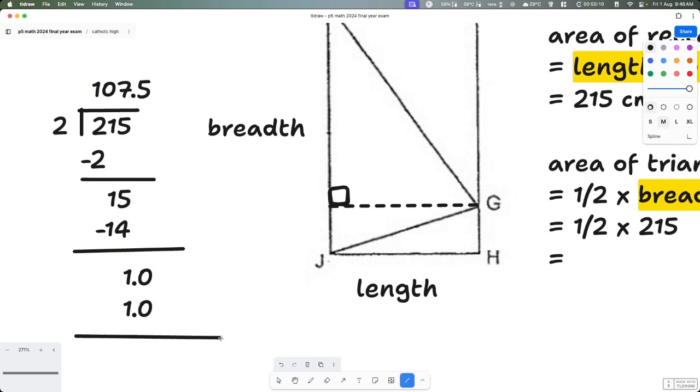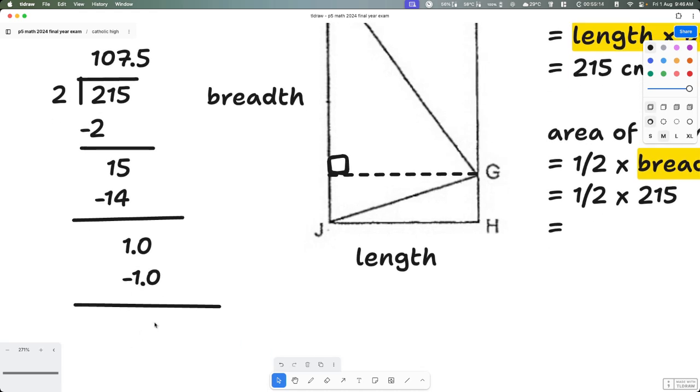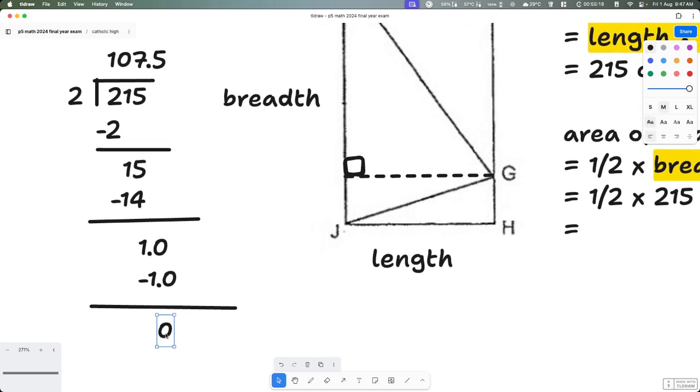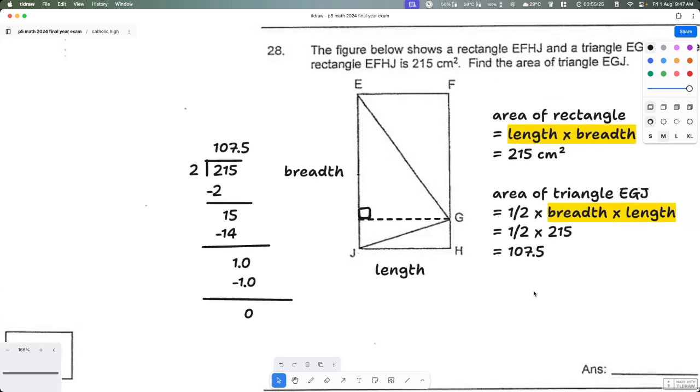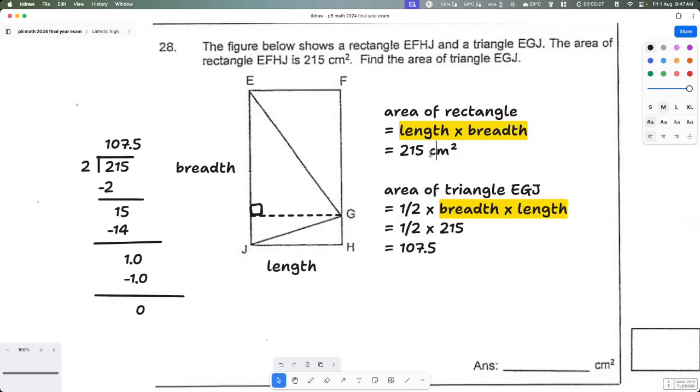So 5 times 10 is equal to 10. 2 times 5 equal to 10. Okay, my bad. But yeah, so in this case, the answer is this. So half of 215 is 107.5. And that's the answer. So 107.5 centimeters square in this case over here. So I'm going to copy this and paste it over here. All right, let's move on to the next question.